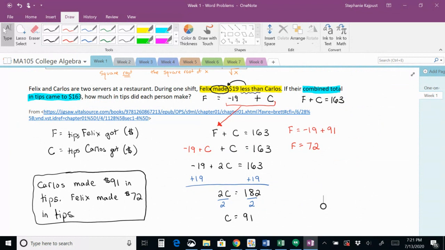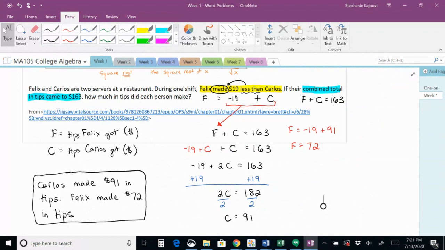So anything where you see a total and then you're told that something is 4 times another, or so much, he makes $10 more or something less, those are all solved this same way. You set up 2 equations basically, and you plug one of them into another, and then that allows you to solve for the other variable. And then once you have that, you can go back and find the original.